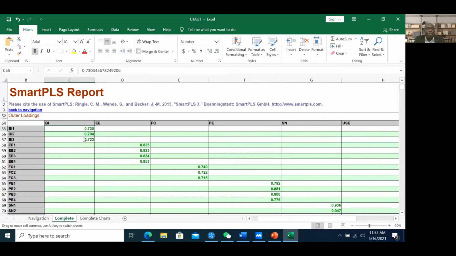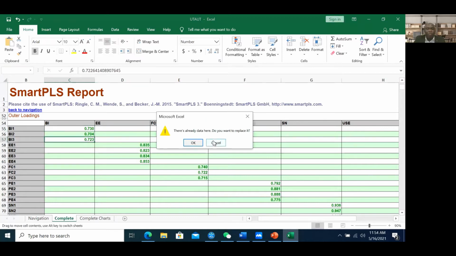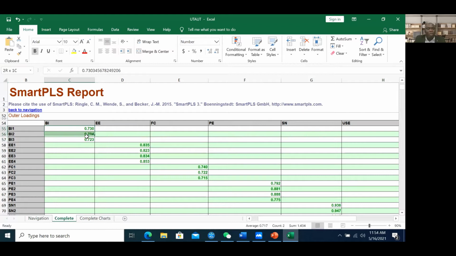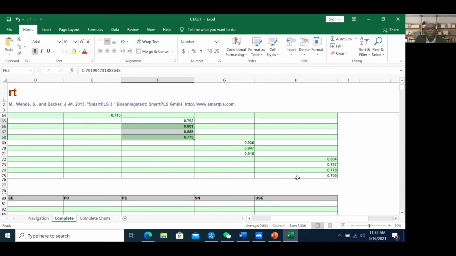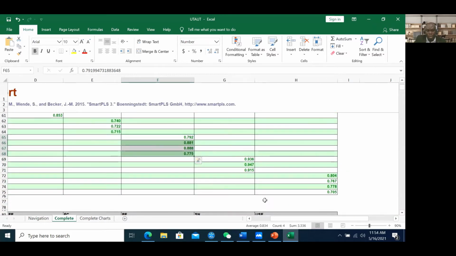You see for BI, all of them are above 0.7. When you come to EE, they are also above 0.7. FC, the same, and this one too. Okay, great.